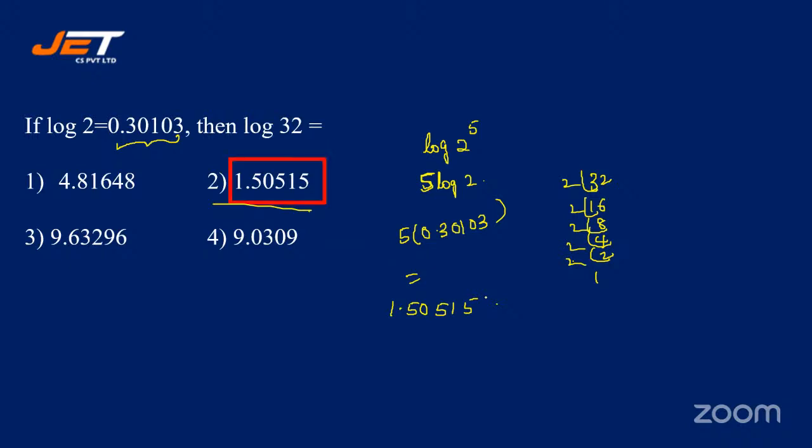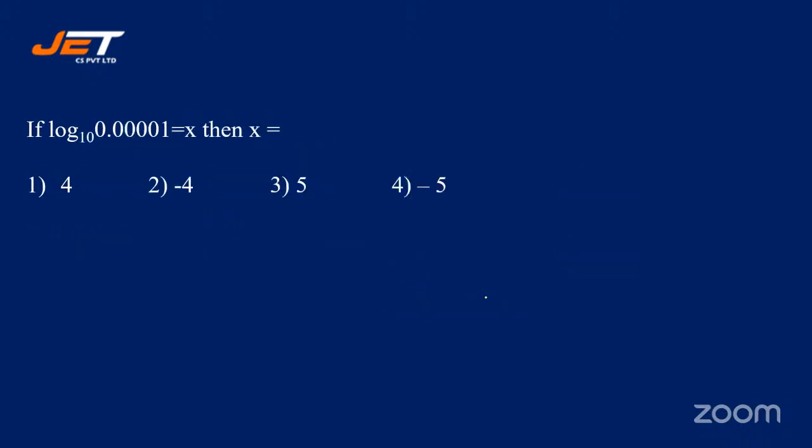See the next question. If log 0.00001 base 10 is equal to x, then what is x? Right? So if log 0.00001 to base 10 is equal to x, then what is the value of x?